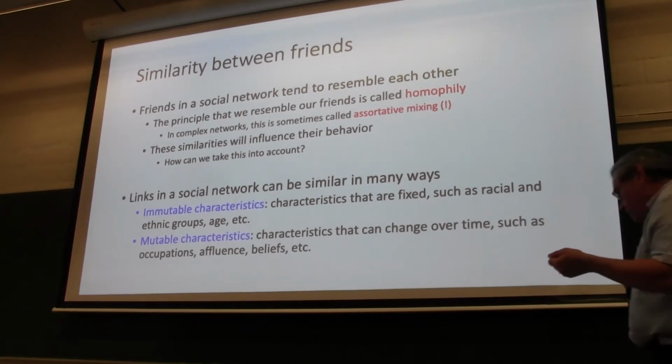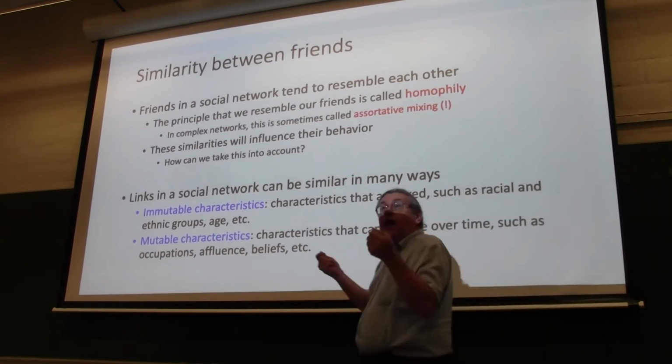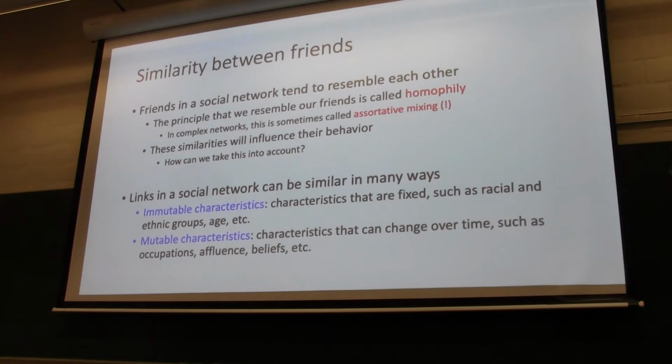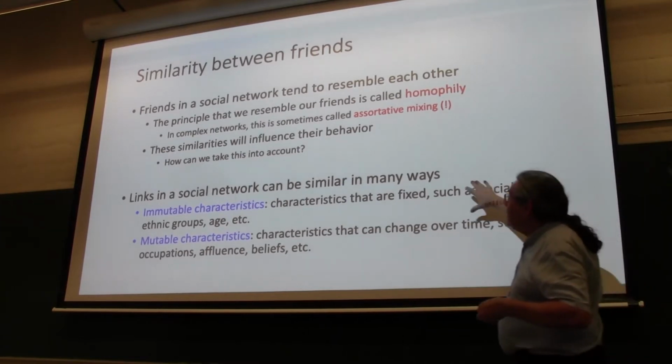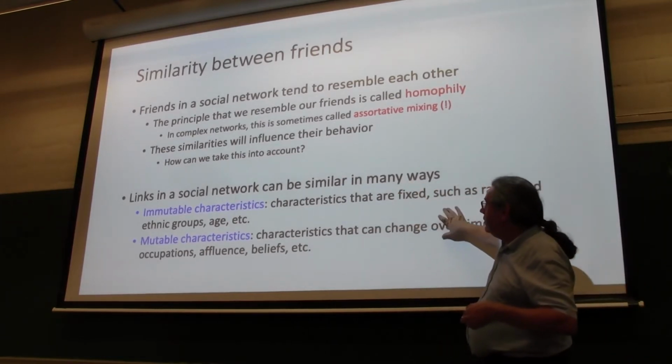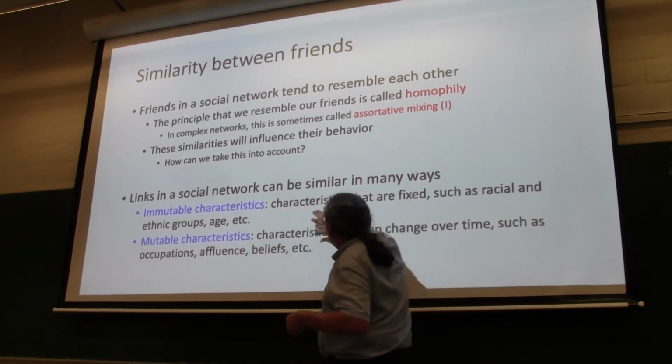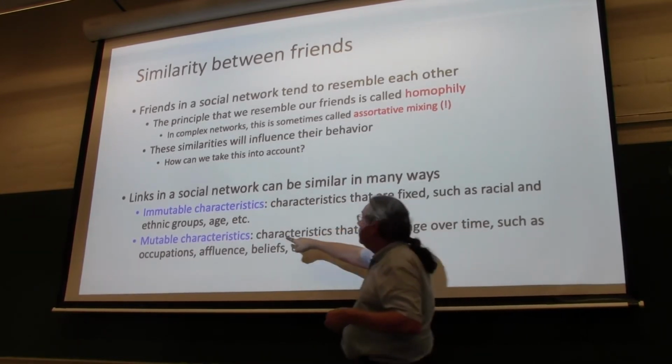Two people who are friends are usually alike in some way. Maybe they both are karate lovers, or they both like to watch Lord of the Rings movies. Or for some reason they just like talking to each other. So there are many ways that friends can be similar, and here's one way you can classify. Immutable characteristics, for example age.